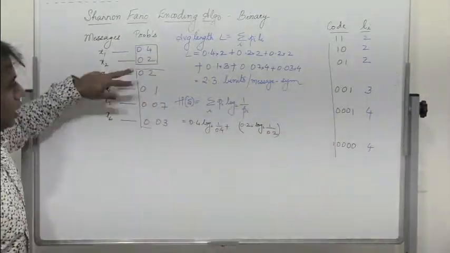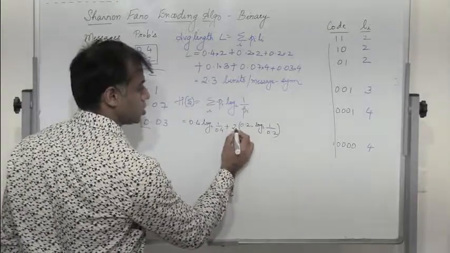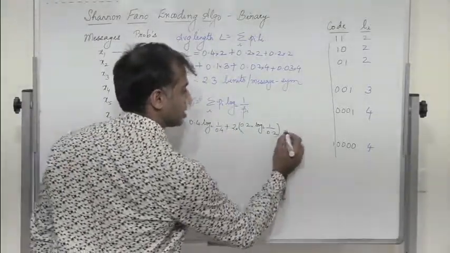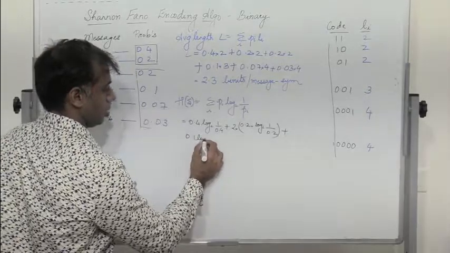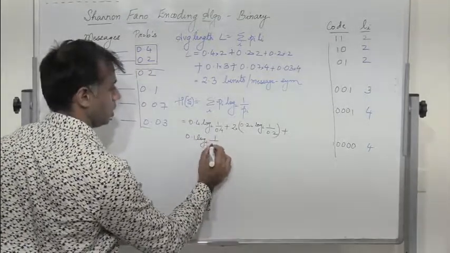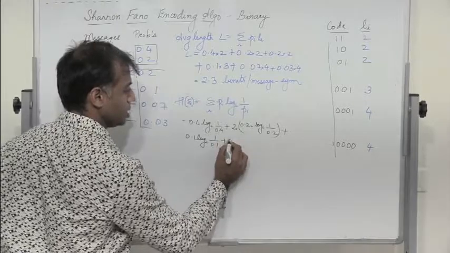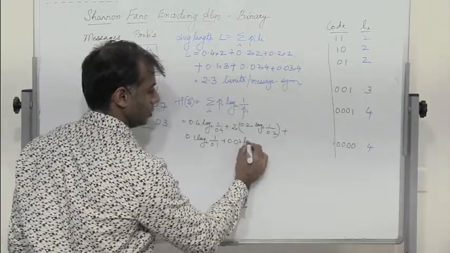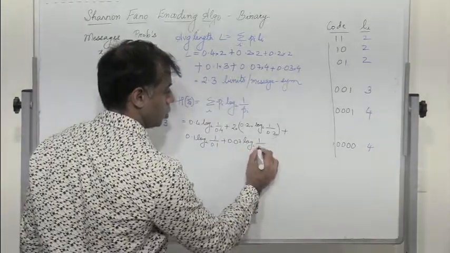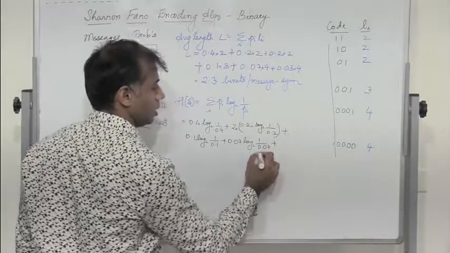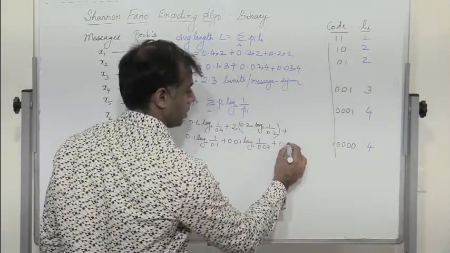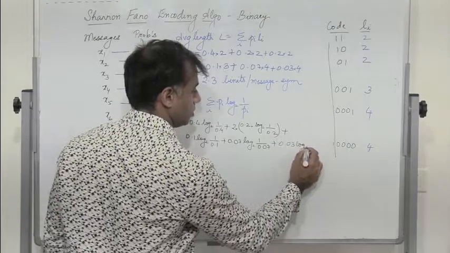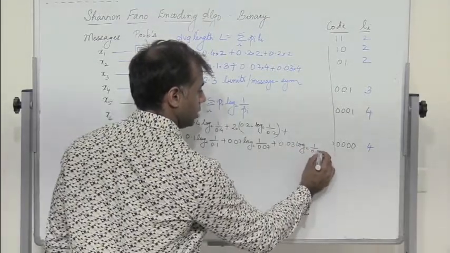Right? So I have two of them. So I write 2 into, plus. Next I have 0.1 log base 2 of 1 by 0.1 plus 0.07 log base 2 of 1 by 0.07 plus 0.03 log base 2 of 1 by 0.03.